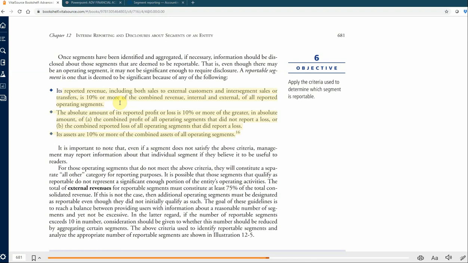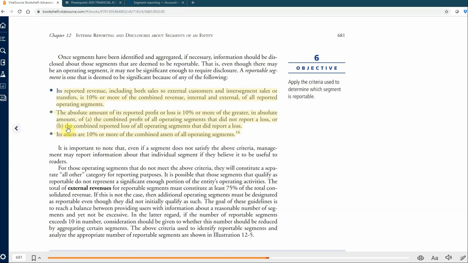Say we define our segments as locations, and maybe our Nampa facility does sales to our Boise facility. We're going to count those inter-segment sales when we factor in the total revenue. And if a segment, location, or division has 10% or more of the combined revenue, then we're going to report that separately in the notes to the financials.